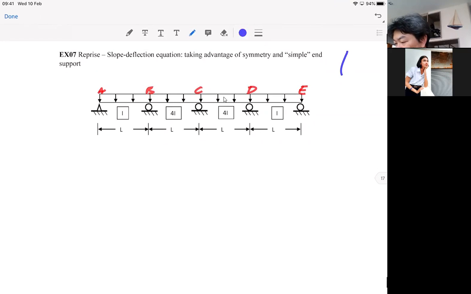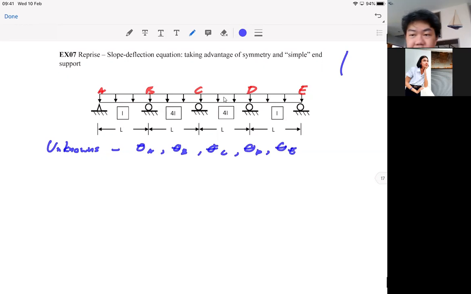So your unknowns will be theta A, theta B, theta C, theta D, and theta E. Okay, 5 unknowns. And I'm going to skip some process and go to the slope-deflection equation right away.